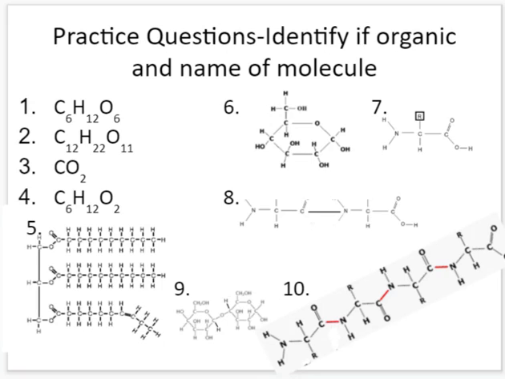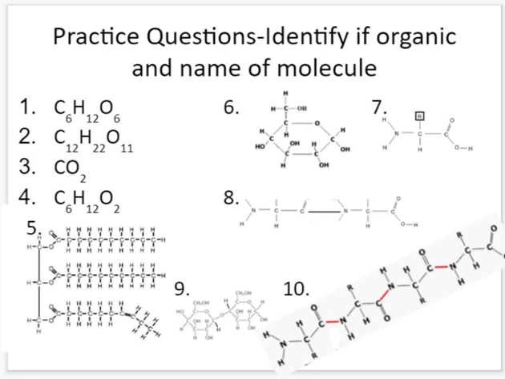So we are in either carbohydrate or lipid. In this case, we can see that there are exactly 12 hydrogen and 6 oxygen. So there are twice as many hydrogen as oxygens, and so we say this is organic and it's a carbohydrate. It's not drawn out in a structural formula, so I would not expect you to know that that is a monosaccharide. Let's go on to number 2.